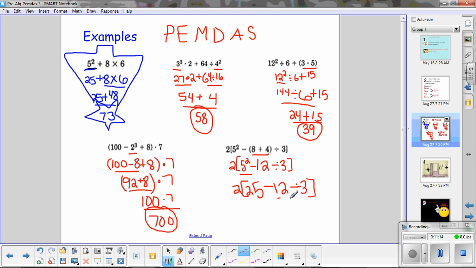Division would come next. 12 divided by 3 is 4. Rewrite the rest of the problem. We still have something in parentheses, so that's our next step. 25 take away 4 is 21.